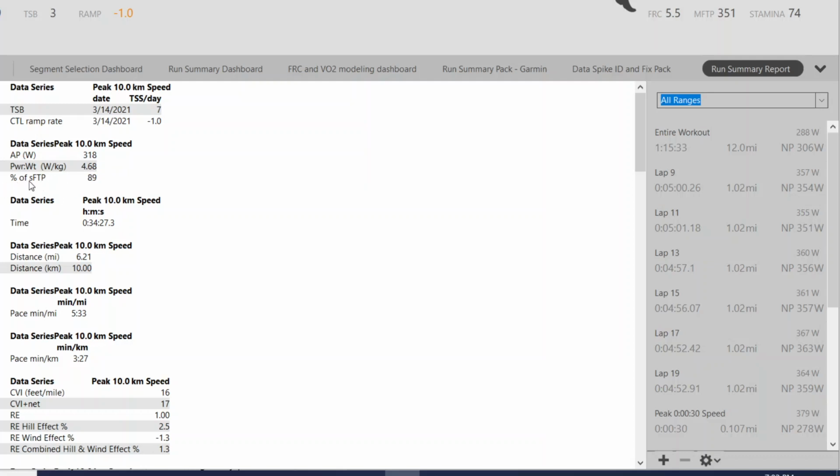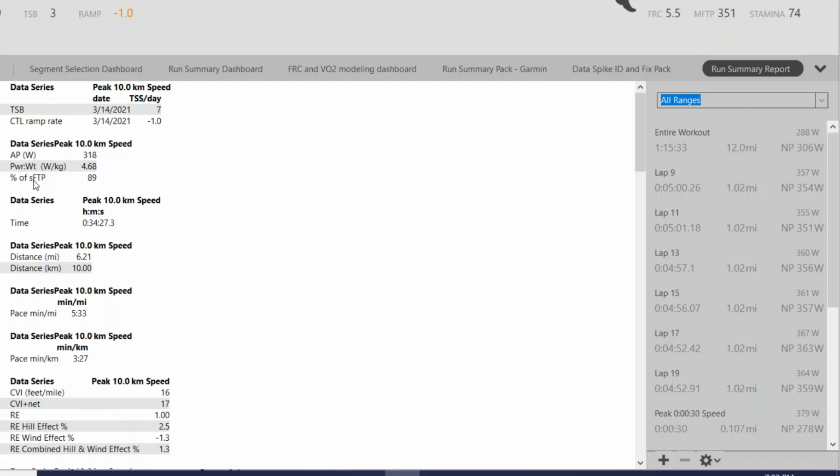The percent of, I put SFTP, that's the old nomenclature for your set FTP. WKO allows you to override the model FTP by entering in another FTP setting for the run. Now they call it run FTP. I didn't change it.